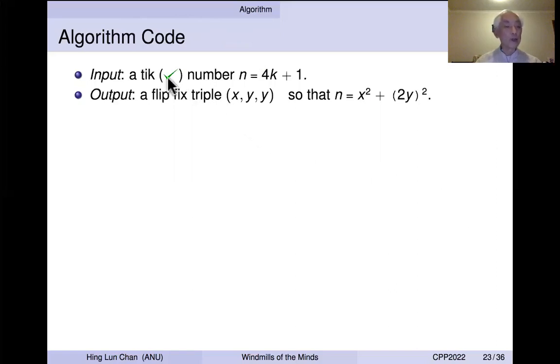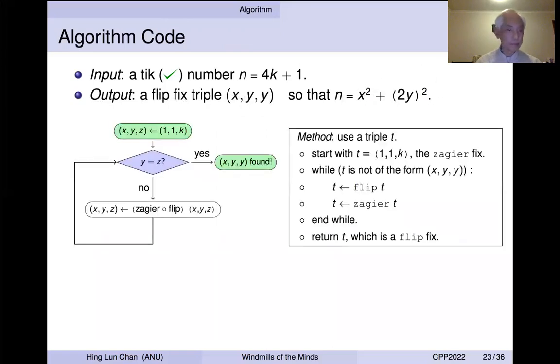For the code of the algorithm, we have the input, a tick number of this form 4k plus 1, and we want an output, a flip fixed point with this triple x, y, y, so that we can express n as a sum of two squares. On the left side is the flow chart.